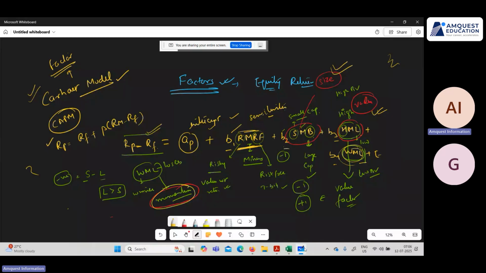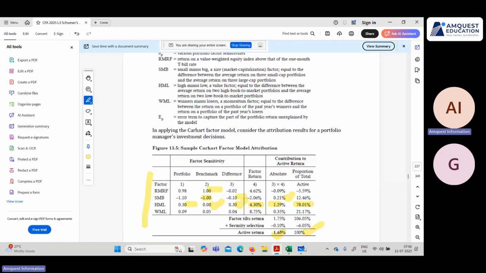Depending upon how the sensitivities are, if it is -1, if it is 1, if it is 0.5, it is 0.3, we can say how the portfolio looks. When we did the question, we realized that the benchmark has a sensitivity of 0, and the only thing I was sure about is that it is not a treasury bill benchmark.